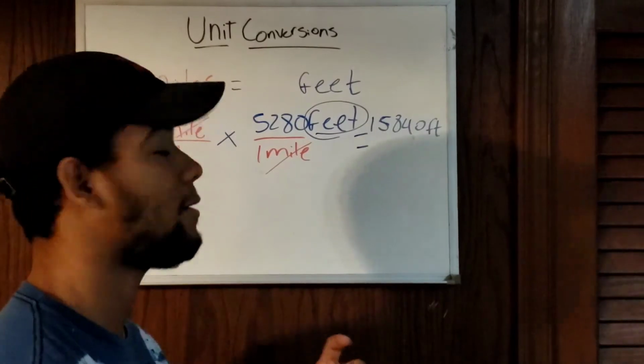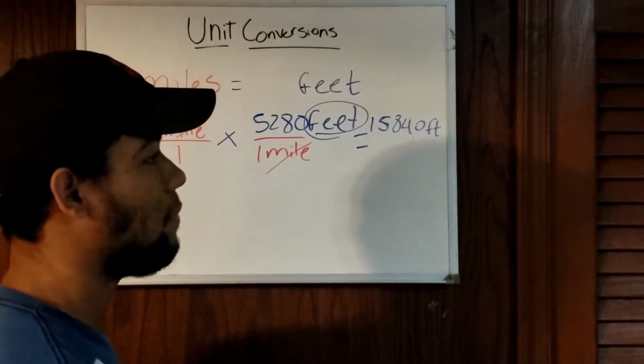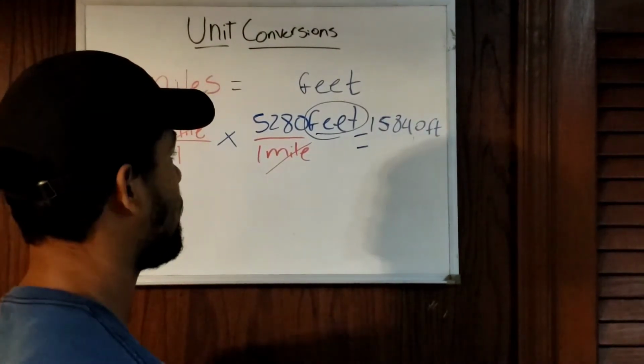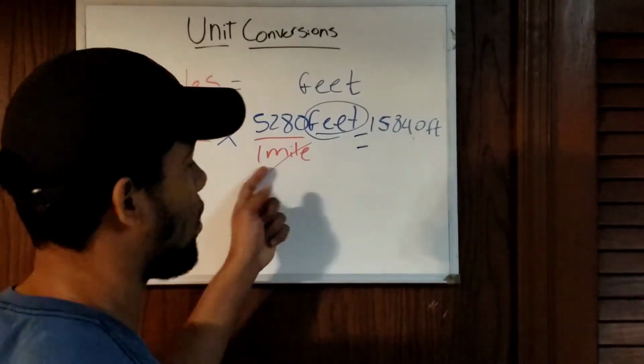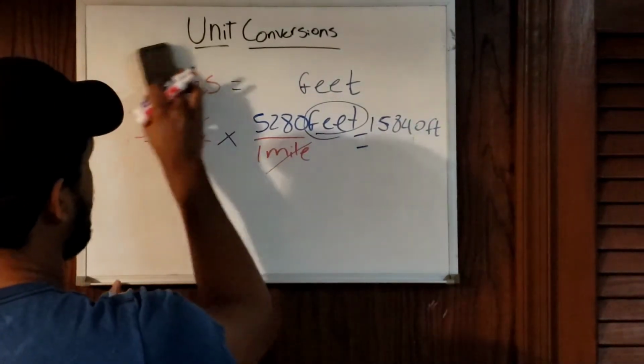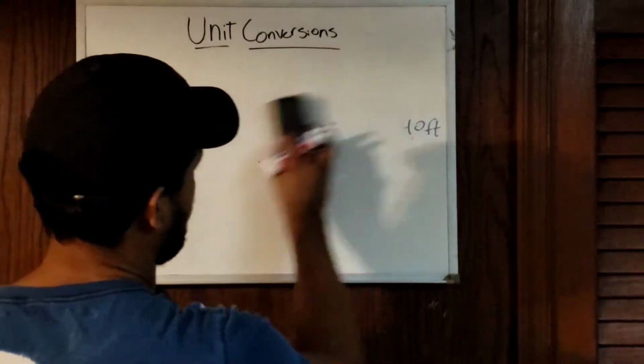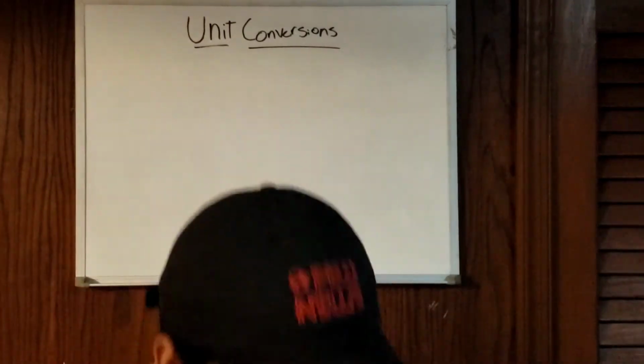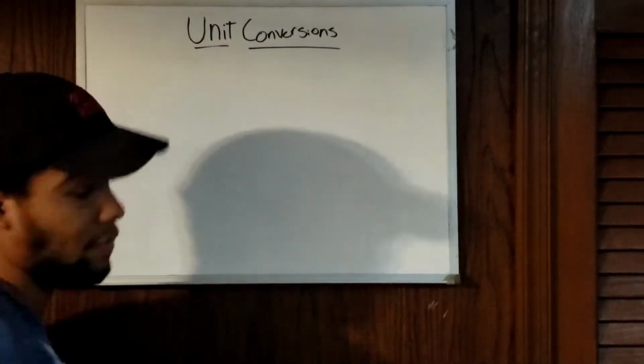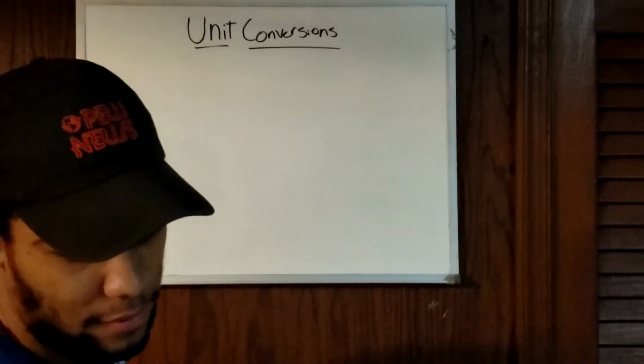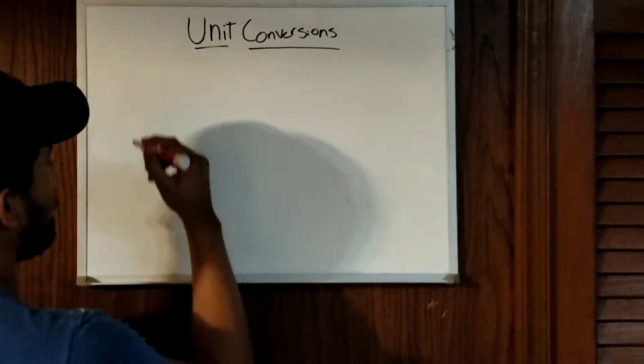Now I want to show you how to do a multi-conversion problem, one that takes more than just one step. This is what you call a multi-step process. It might say that in the books. That was length, so now I want to do something with mass.